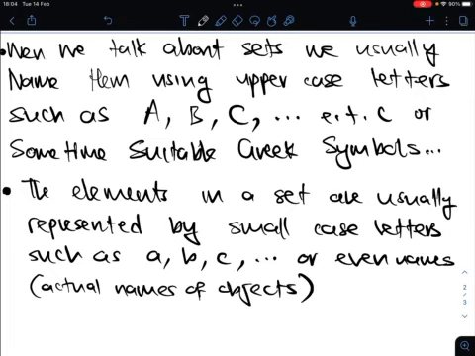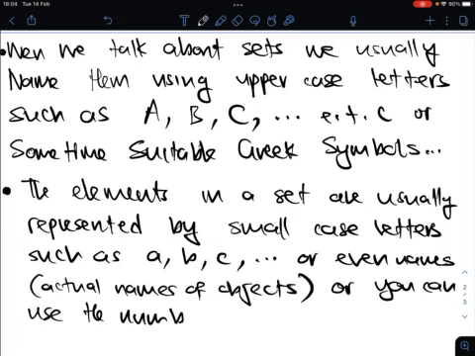You can also use the numbers 1, 2, 3, 4 as well.